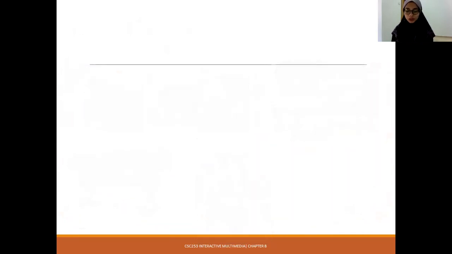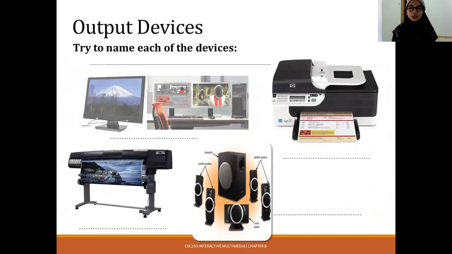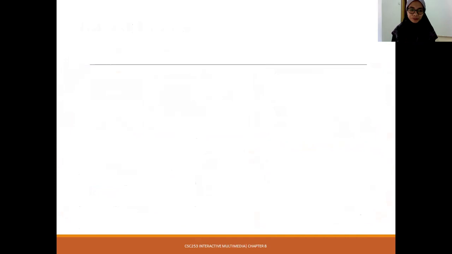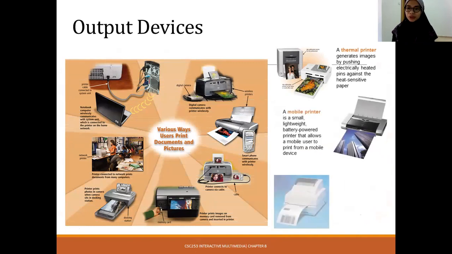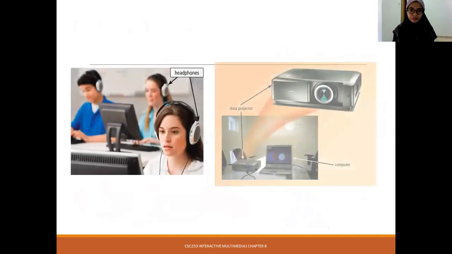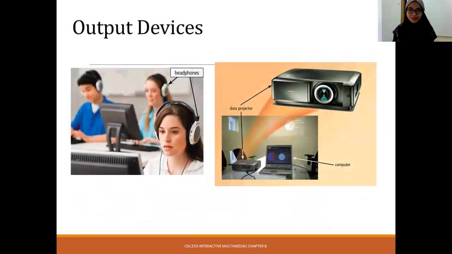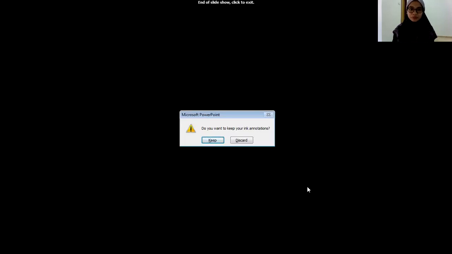We have the speaker, monitor, printer. There are many actually. Various ways users print documents and pictures: the thermal printer, mobile printer, label printer. These are all examples of output devices. Headphone, data projector.